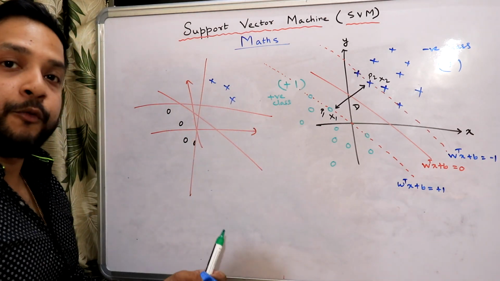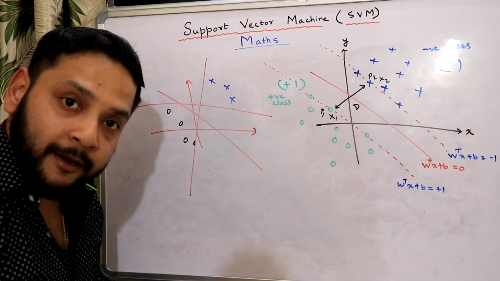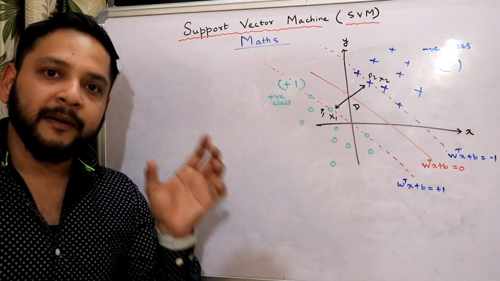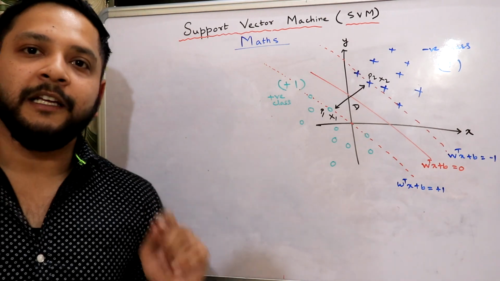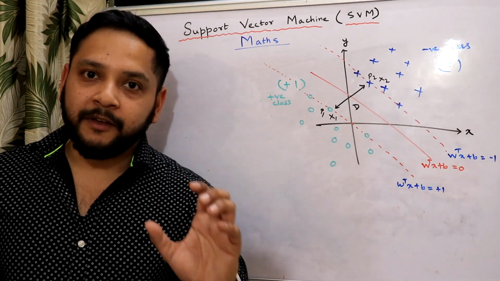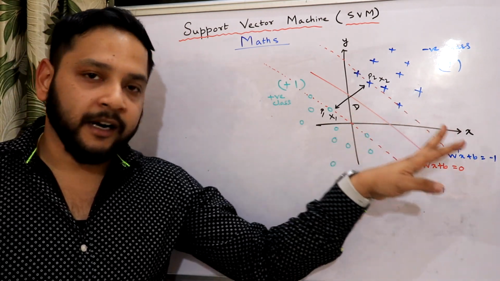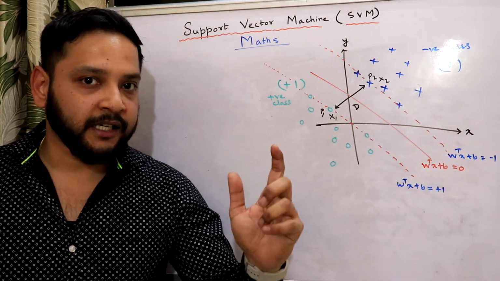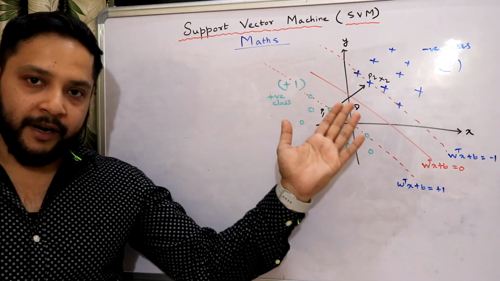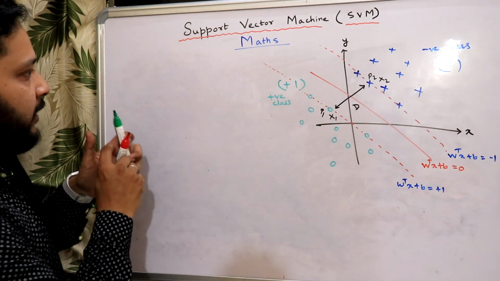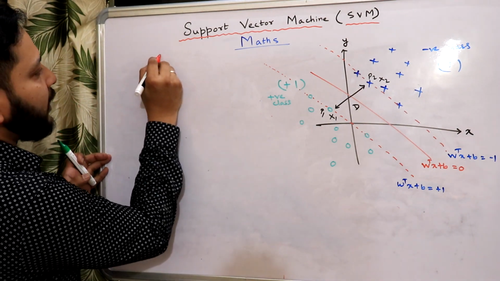But we have to find an optimal hyperplane for which we get the maximum marginal distance. I am repeating these things again and again because this is very important. In SVM, we are trying to find the hyperplane which separates the 2 different classes with maximum distance between the nearest points, right? So maximum distance.